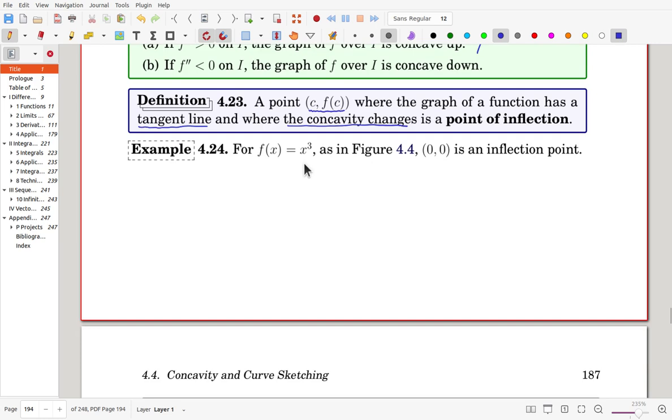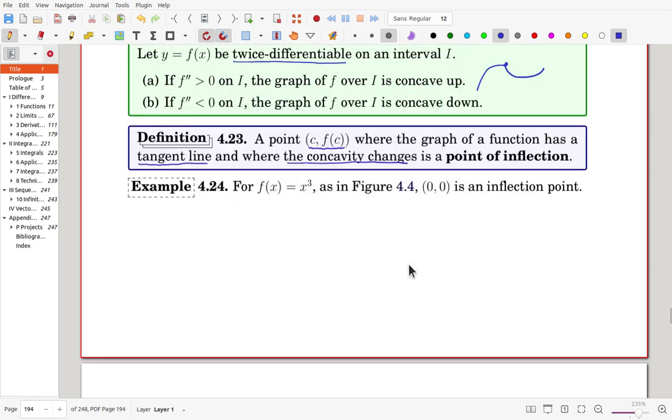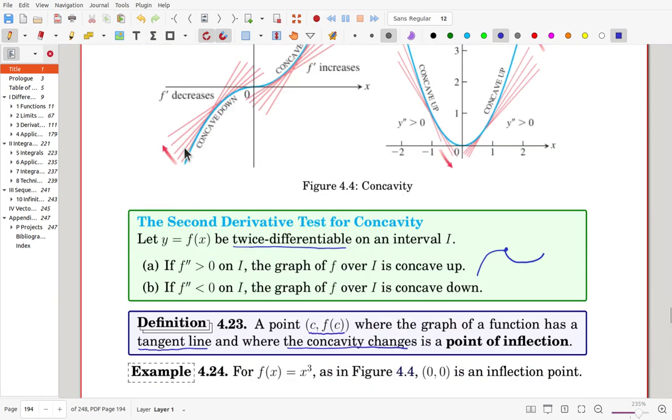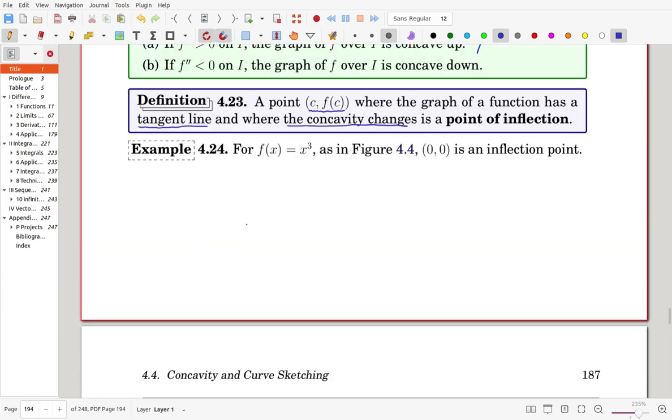For f of x equals x cubed, as in figure 4.4, (0, 0) is an inflection point. You can easily see that on that side f prime is decreasing, so you can check it quite easily. Here f prime is 3x squared, and f double prime is 6x.